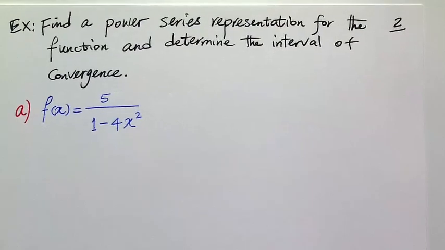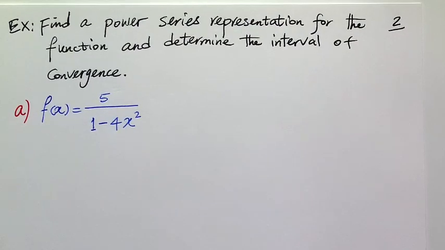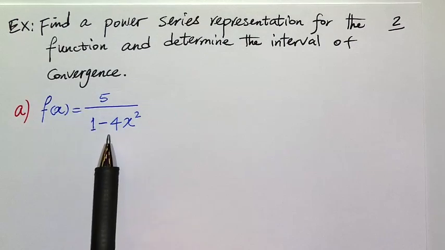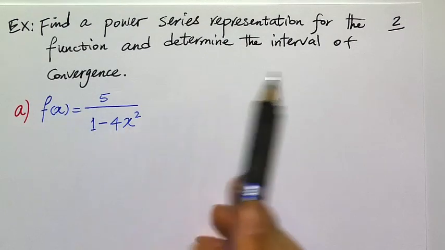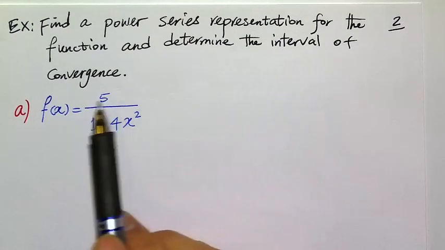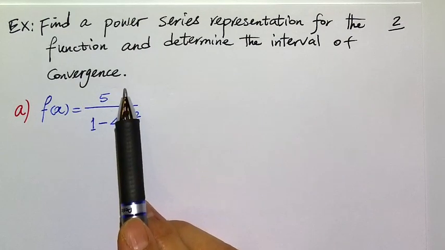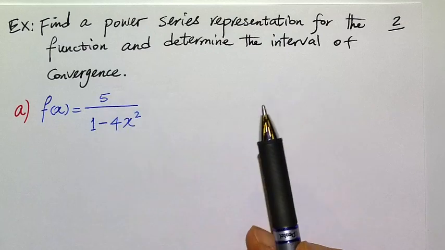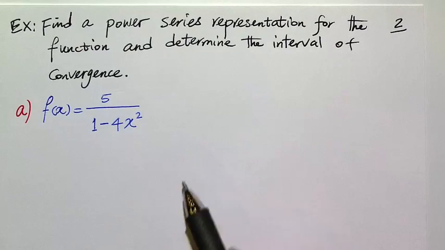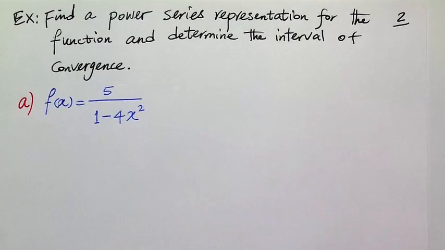So here we want, for example, to find a power series representation for the function that you see here, and determine the interval of convergence. And of course, if we are to determine the interval of convergence, we ought to know the radius of convergence as well. The two go together. Well, first thing, consider the power series that we just saw.